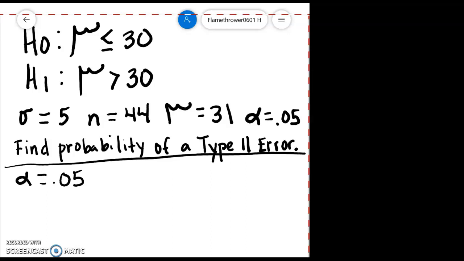So the next step is we need to determine the critical value. Since our null is the probability that the mean is less than or equal to 30, then this would be a one-tailed test. And the rejection area would be in the upper tail.